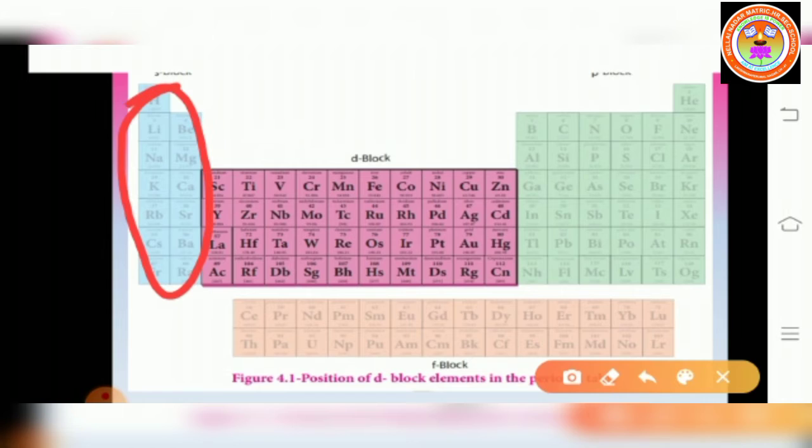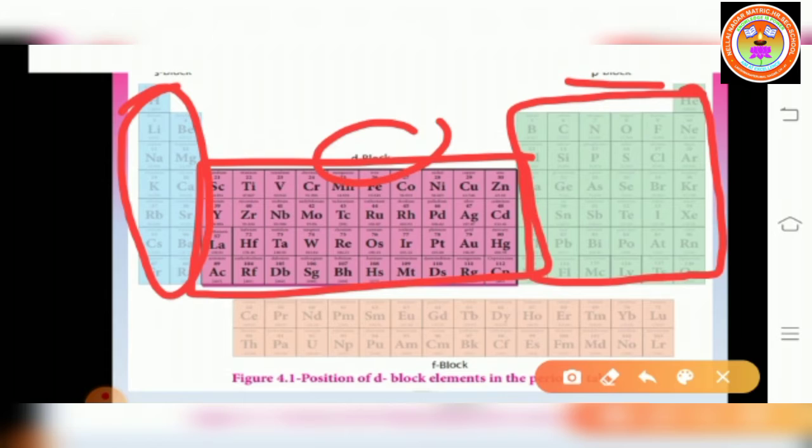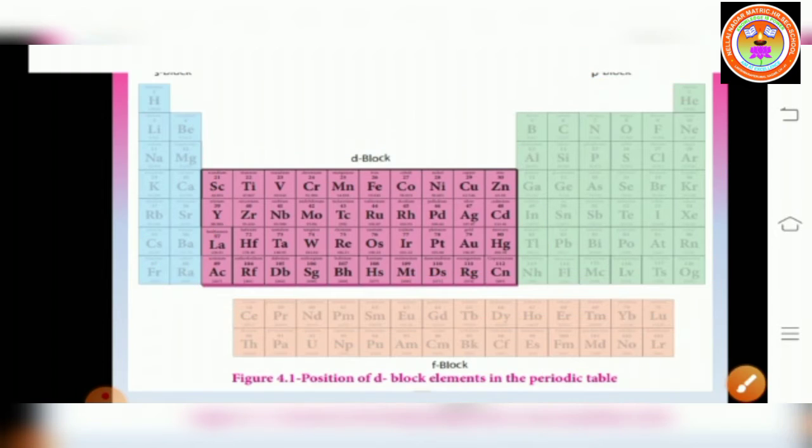These 2 groups are called S block, and the right side group elements are called P block. And group 3 to 12 is called D block, and the bottom rows, that is lanthanides and actinides, are called F block. Let us discuss one by one.